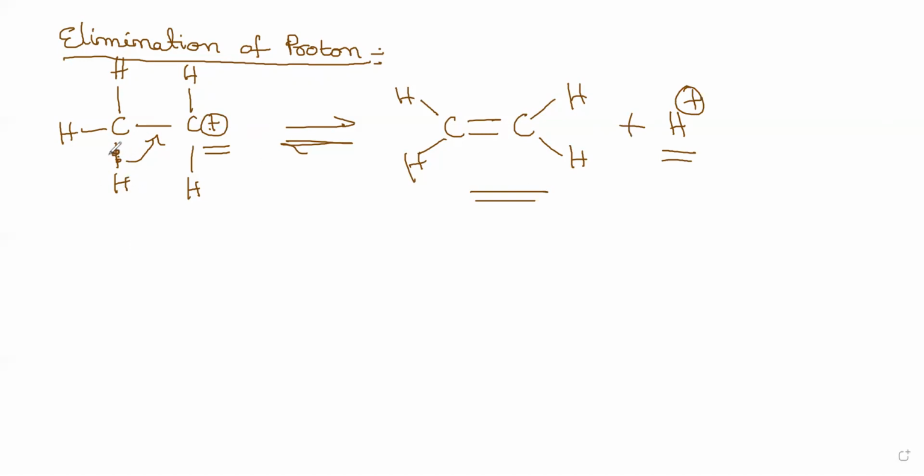So this sigma bond is broken and converted to a pi bond between carbon and carbon. That's how the positive charge is neutralized, and the positive charge is transported to the proton. That is what you have to understand. This is the complete process. So this is our ethene.